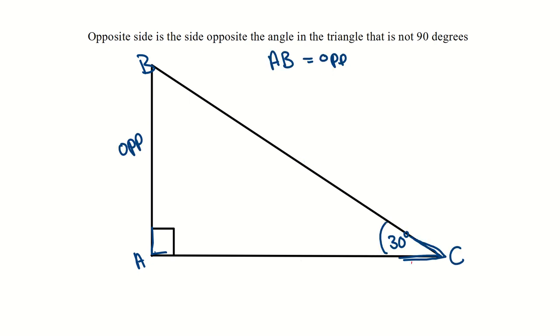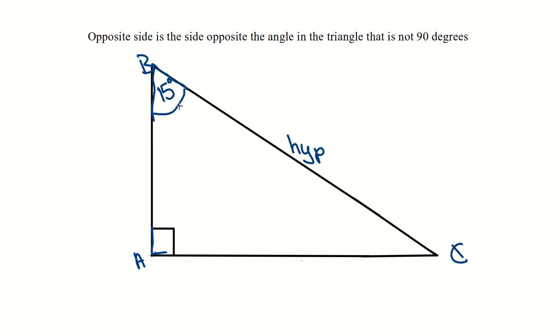Now, let's say instead of giving the angle here, they chose to give your angle on top here. You're going to do the same thing. What are the lines that make up that 15 degrees? The two lines that intersect to make up 15 degrees are AB and BC.